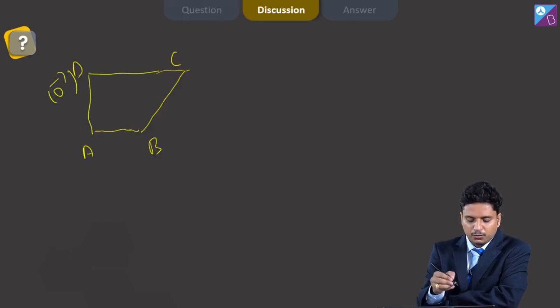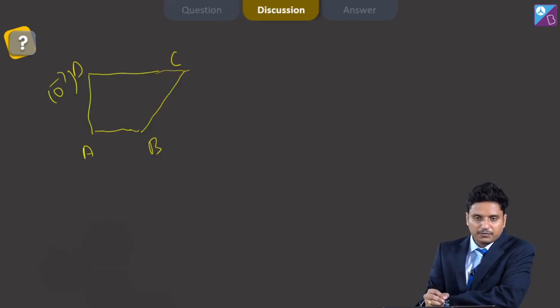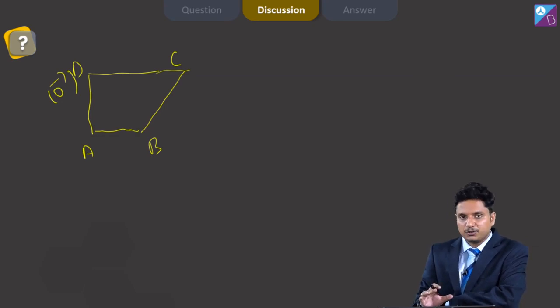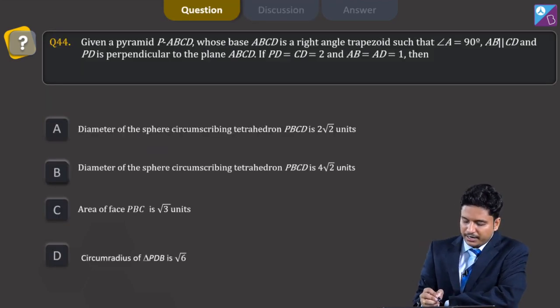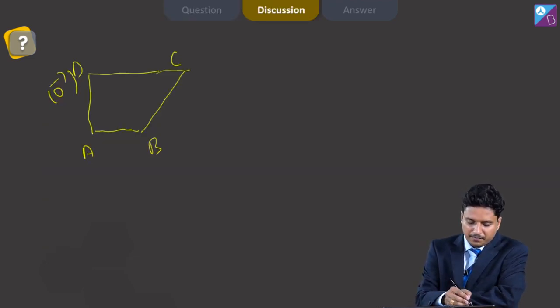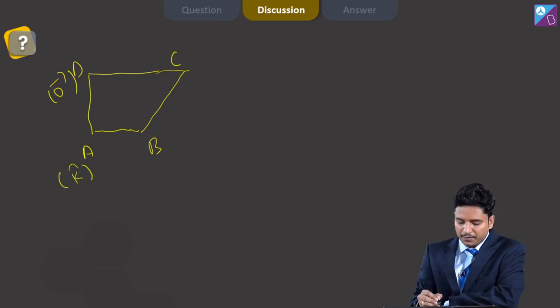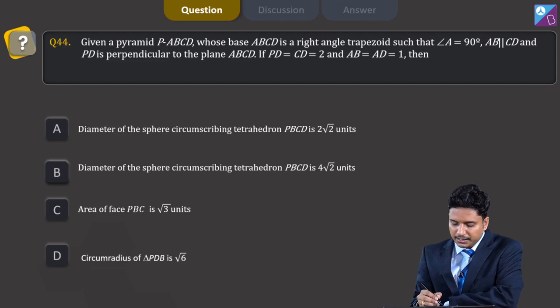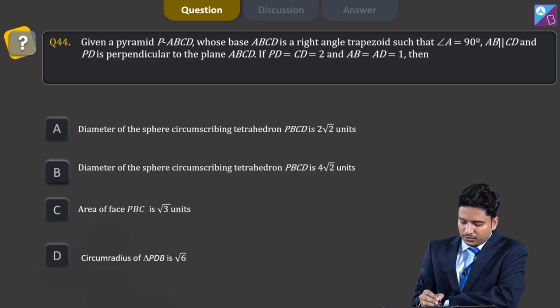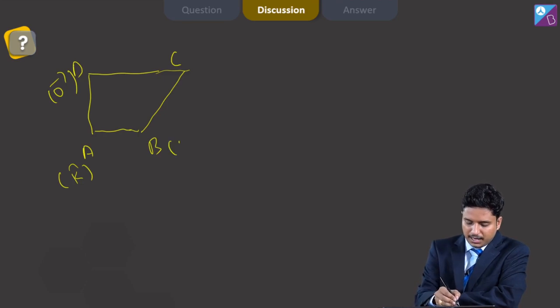Suppose D is your origin. If D is your origin, what will be the coordinates for A? Suppose this ABCD is actually a plane in XZ. For AD, length is 1, so this will be k cap, right? For B, AB is again 1, so this will be i + k.